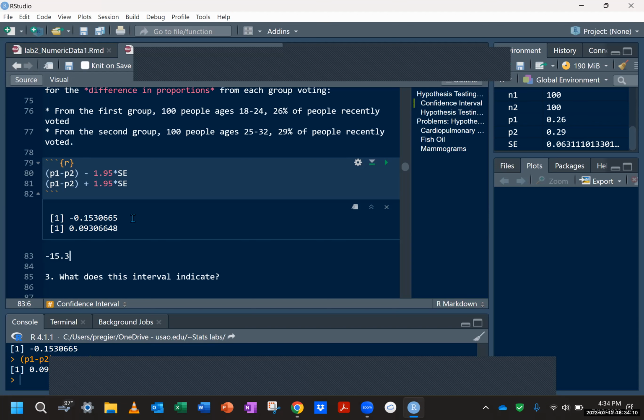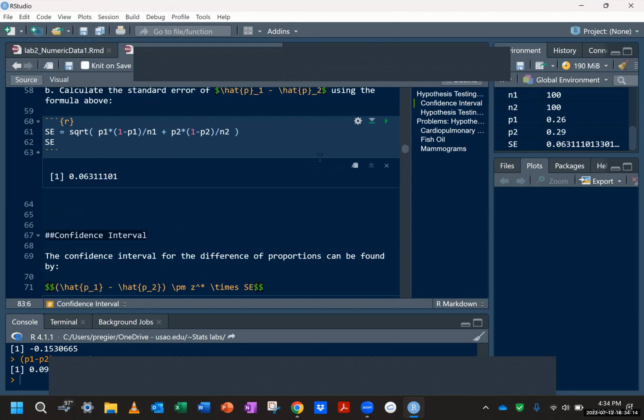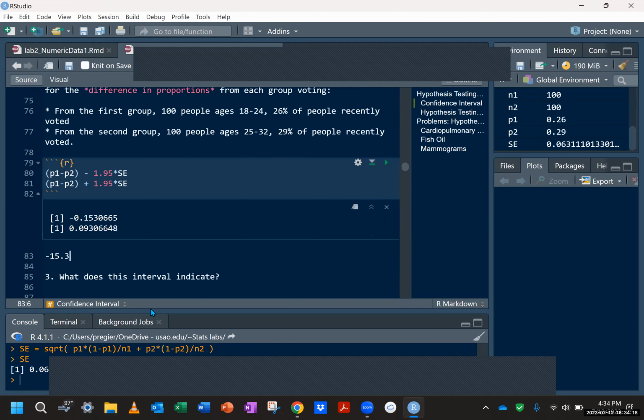I want to make sure this is right. Percent, yeah, okay. Negative 15.3 to 9.3%. I could write it like that.